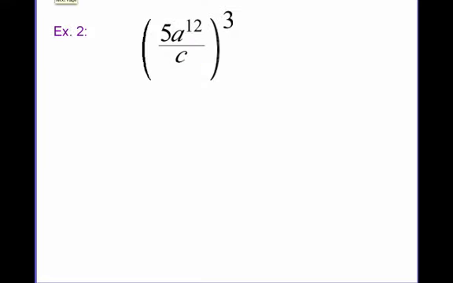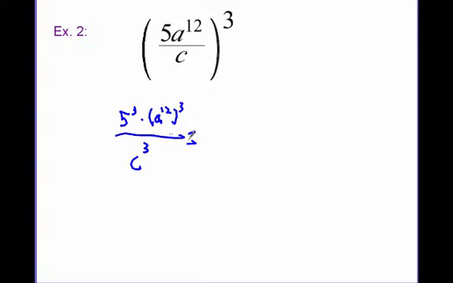Example 2, now 5a to the 12th divided by c, all cubed. So if we work this one out, up top I get 5 cubed times a to the 12th cubed, divided by c cubed.